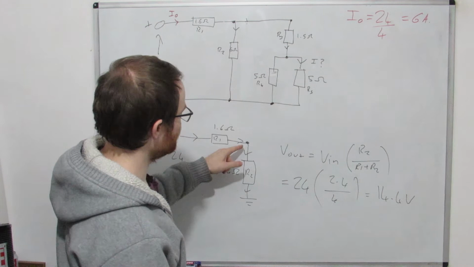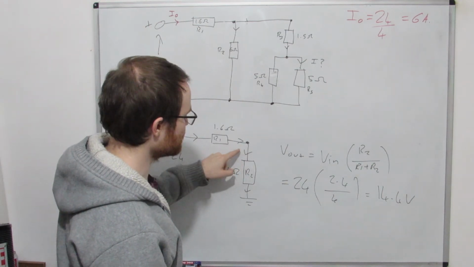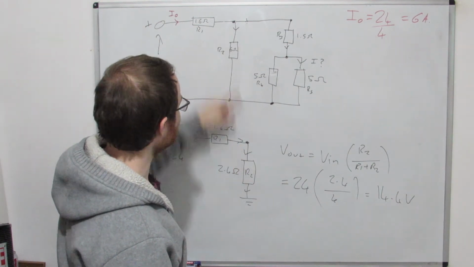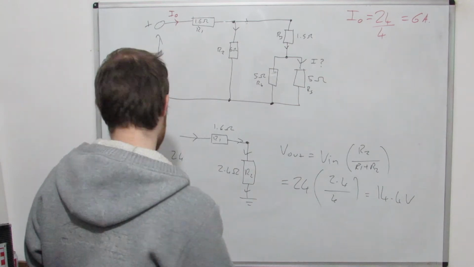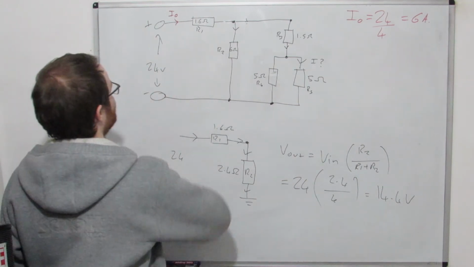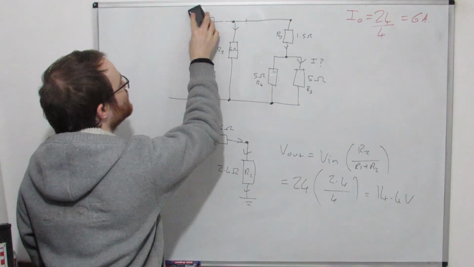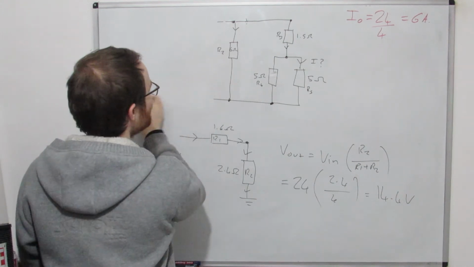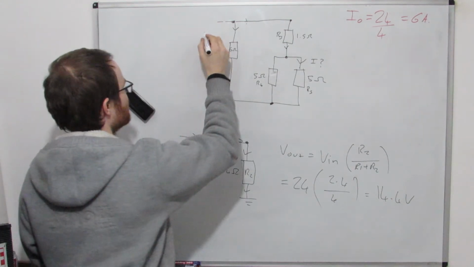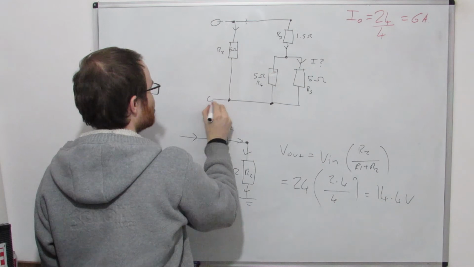So now we know that the voltage here is 14.4 volts. We know the current coming out here is 6 amps. We can now pretend we've eliminated another resistor, which is always good, simplifying everything down.